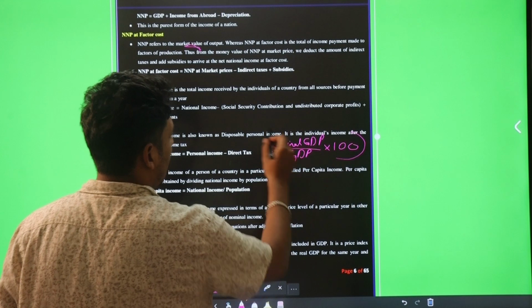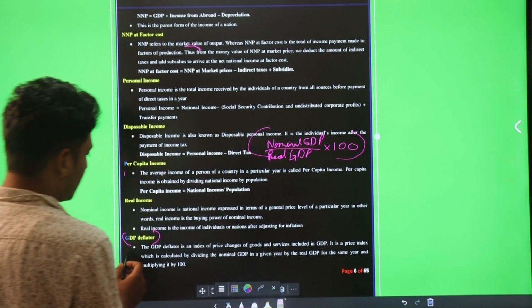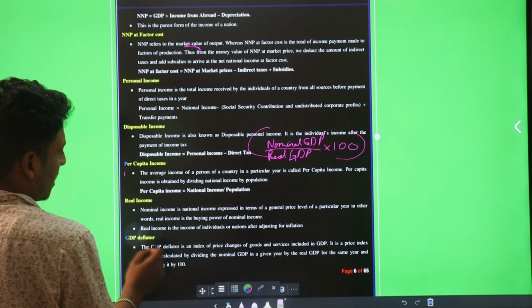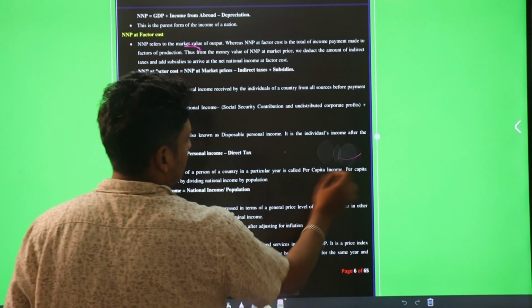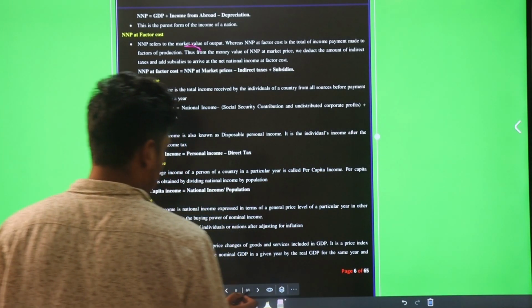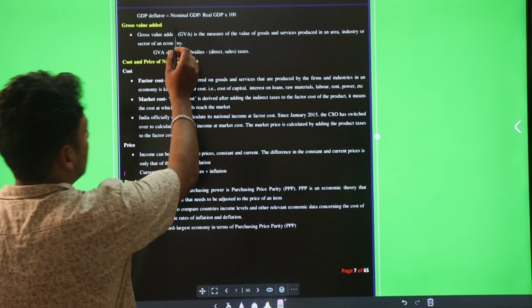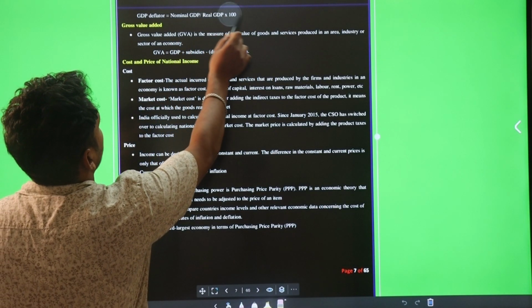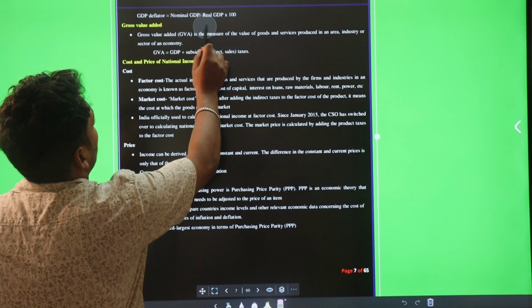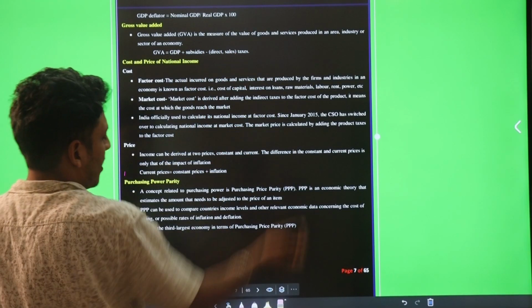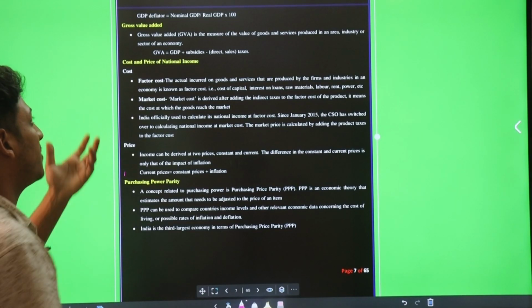That is your formula for GDP deflator. Okay, remember this. This is your formula for GDP deflator: nominal GDP upon real GDP into 100.